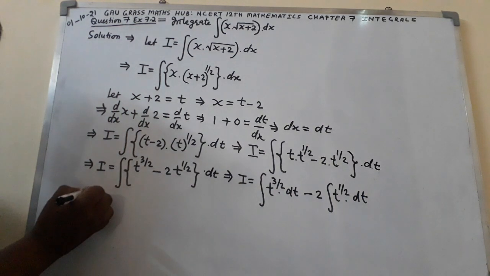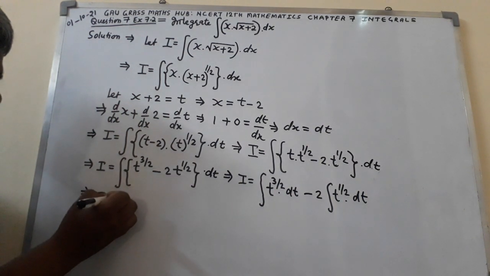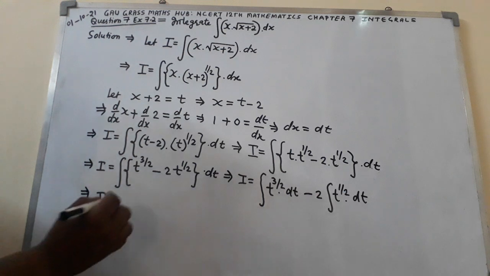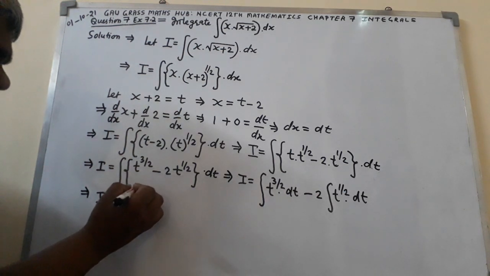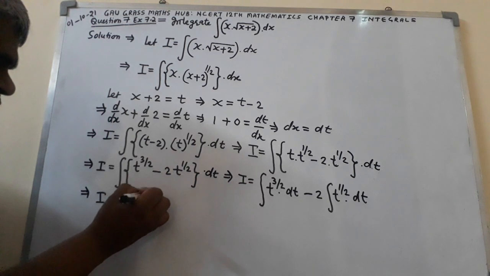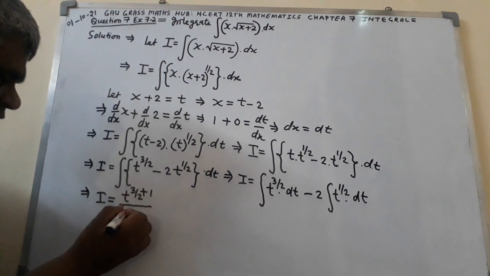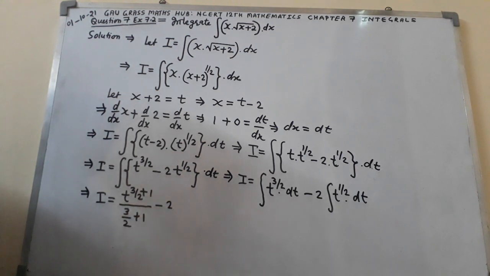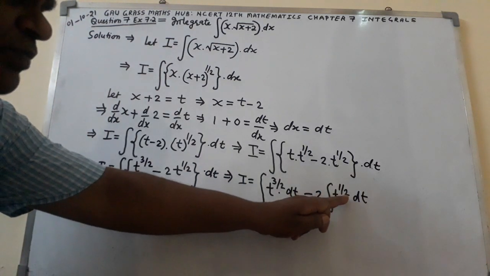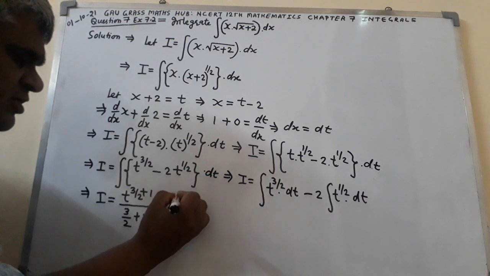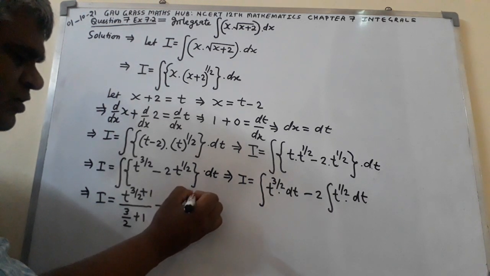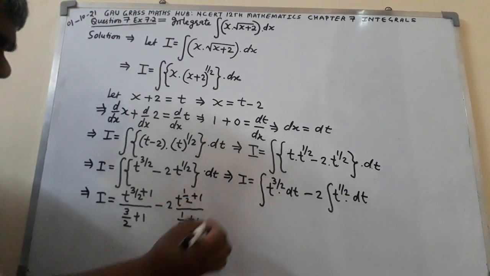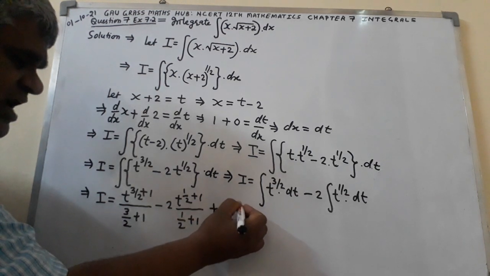Again I shall write, implied that I equal to integral t raised to the power 3 over 2 dot dt, which comes out to be t raised to the power (3 over 2 plus 1) whole over (3 over 2 plus 1), minus 2 integral t raised to the power 1 over 2 dot dt, which comes out to be t raised to the power (1 over 2 plus 1) whole over (1 over 2 plus 1), plus c.